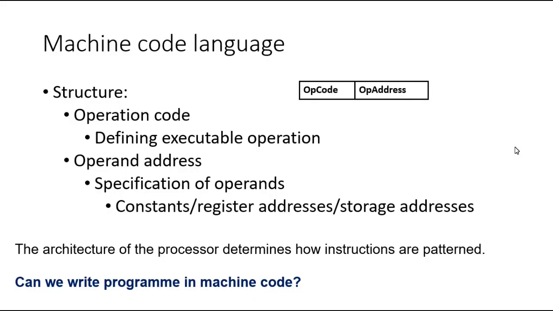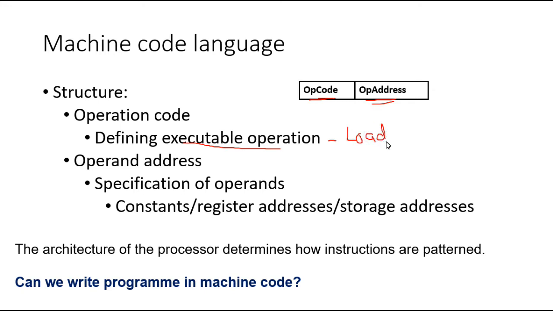Now the question is whether the machine code has a structure. Yes, it has a structure. It has an opcode, as you can see in this figure here, and it has an operand address. An opcode means an executable operation, some instruction for some action to be taken, like load or move, add, subtract.